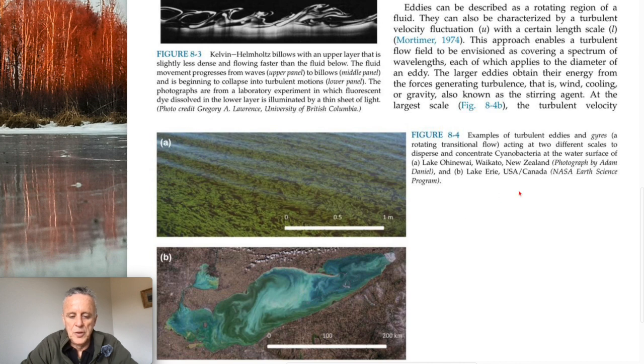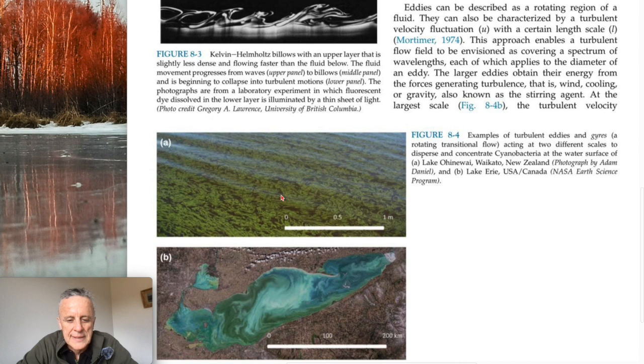8-4. Example of turbulent eddies and gyres, a rotating transitional flow, acting at two different scales to disperse and concentrate cyanobacteria at the water surface of Lake Ohinewai, Waikato in New Zealand, and Lake Erie in the US. So here we have both turbulent and transitional flow.